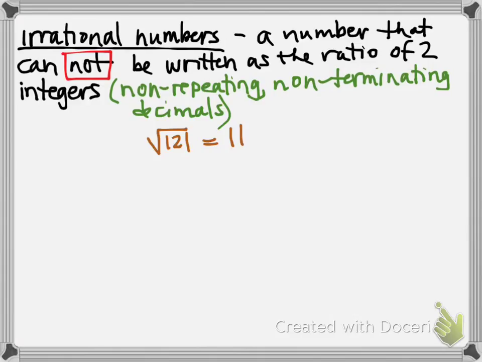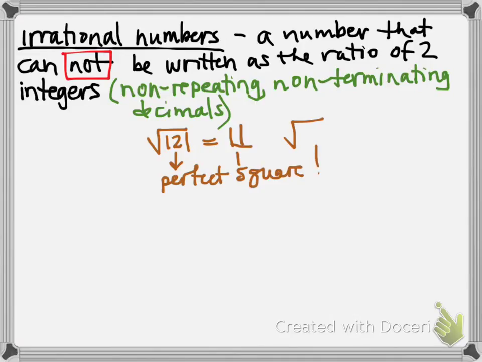Can I write 11 as a fraction, the ratio of two integers? Yeah. It's rational. Okay. So what's an example where I can't do that? Jenny? Prime numbers. Okay, it could be prime numbers. Prime numbers aren't all that it is. It's just anything that's not a perfect square. So we'll get more into perfect squares tomorrow.